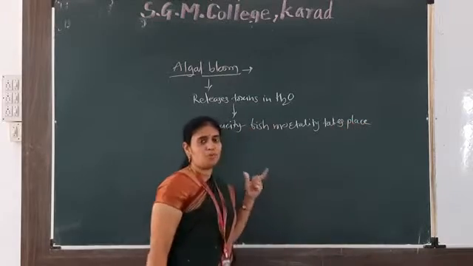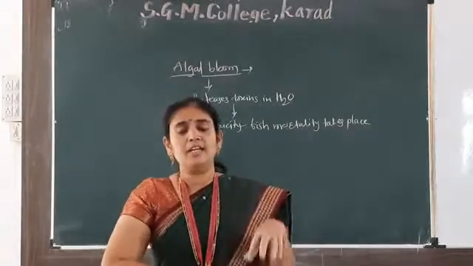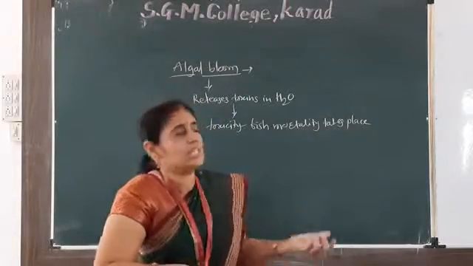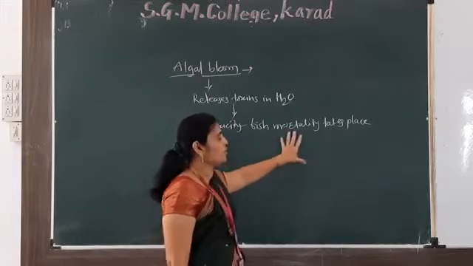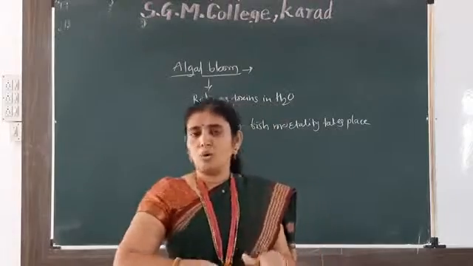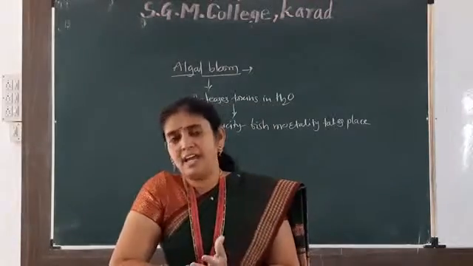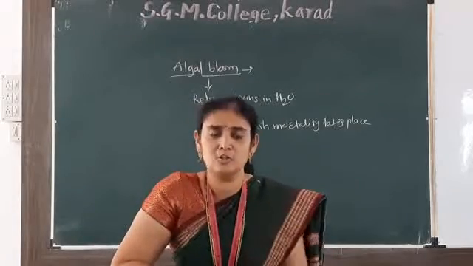So here we can observe that due to the enormous growth of algae in water, the water becomes toxic, or these algae are releasing toxins in water, and therefore fish mortality takes place, and the water quality is changed, and it also becomes toxic for humans and other animals.